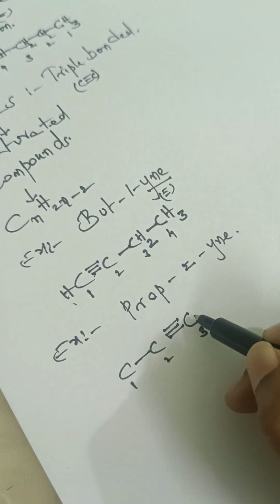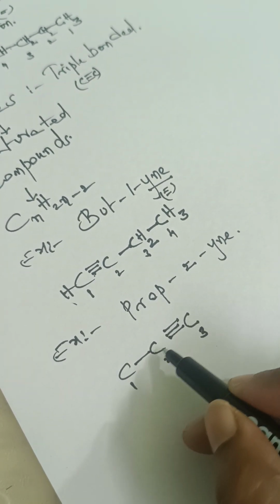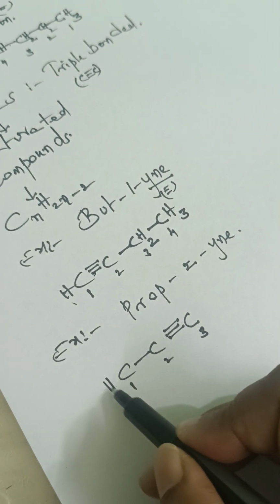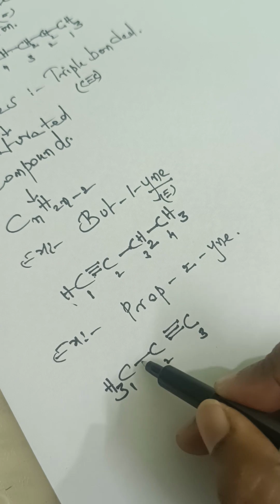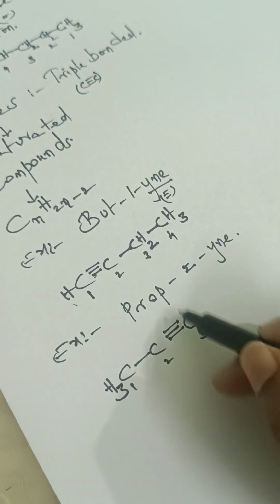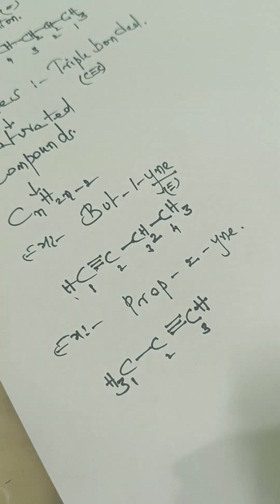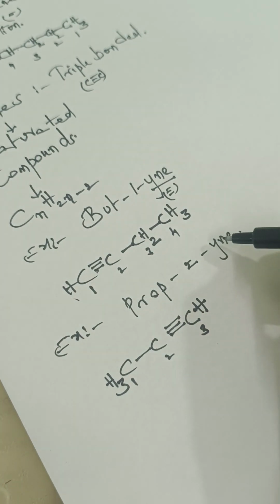Here 1 is there, so H3: 3 plus 1, 4, this is satisfied. 3 plus 1 should be there, so I am taking CH. This will be the structure for prop-2-yne.